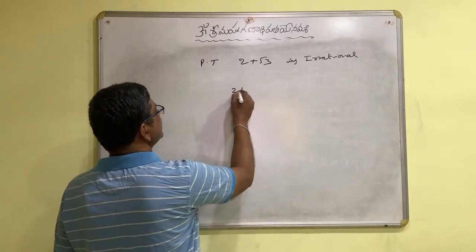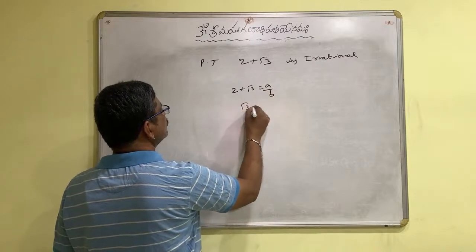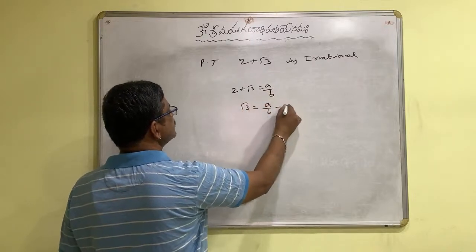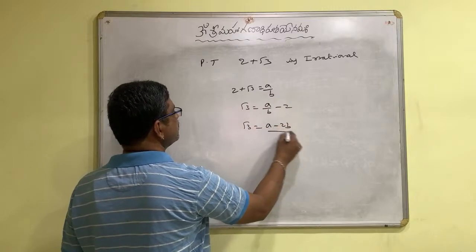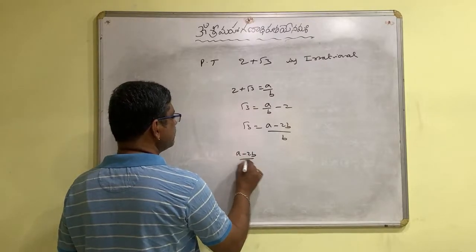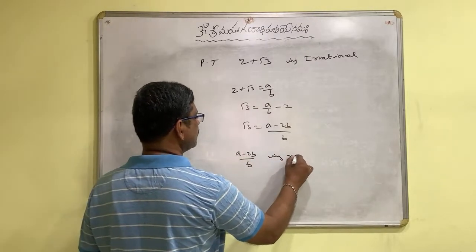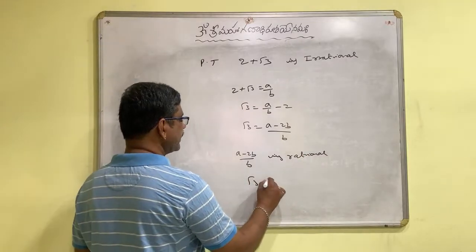Let us assume 2 plus root 3 is a by b. Root 3 is equal to a by b minus 2, so root 3 is equal to (a minus 2b) by b. We know (a minus 2b) by b is rational, and root 3 is irrational.